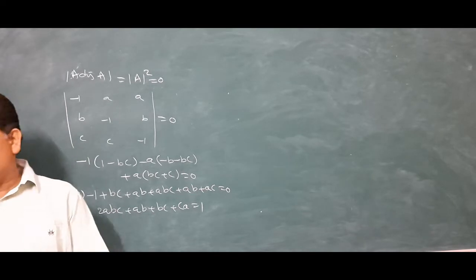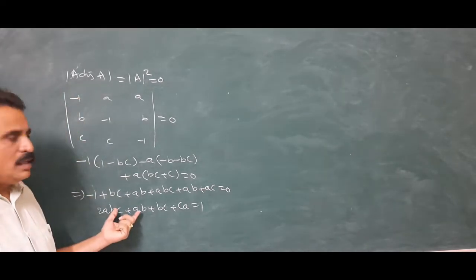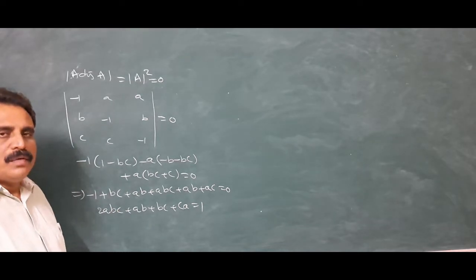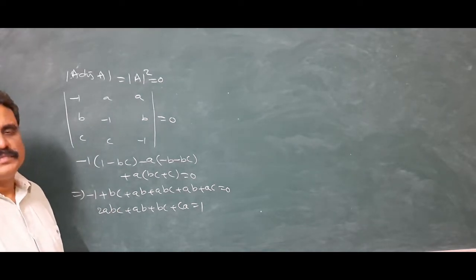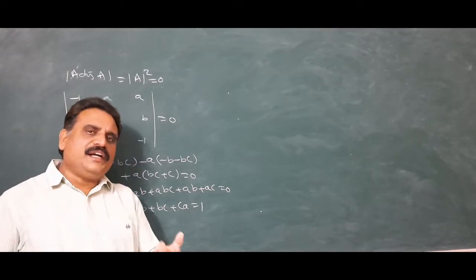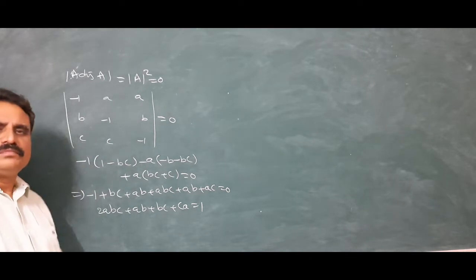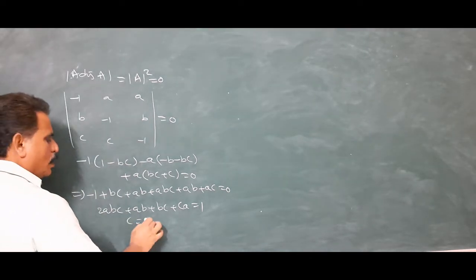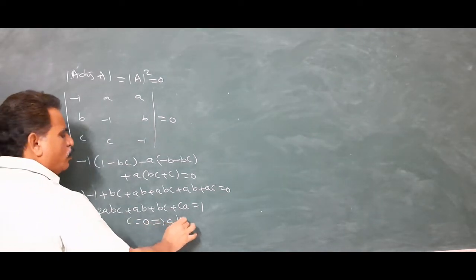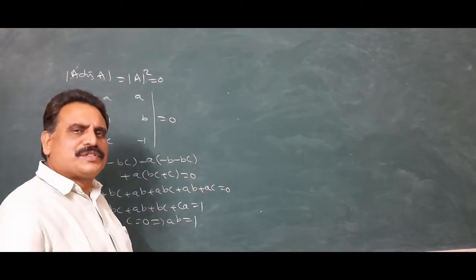Here, this equation has infinite solutions, but we take one solution. How to identify, how to take the solution? Let us take C equal to 0. What happened? AB equal to 1. AB equal to 1 also has infinite solutions.